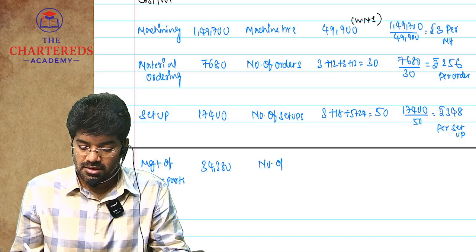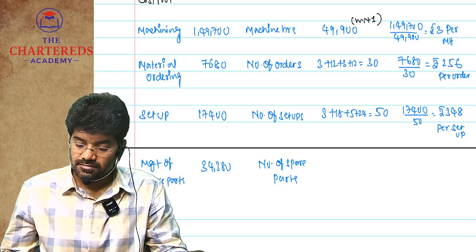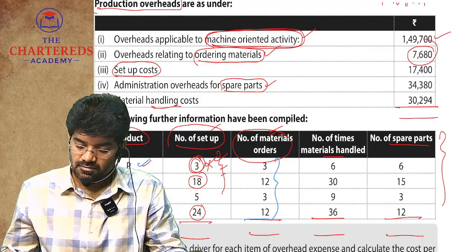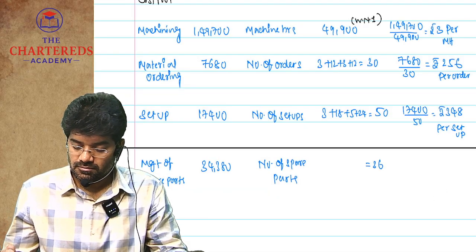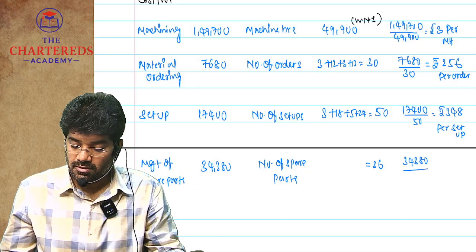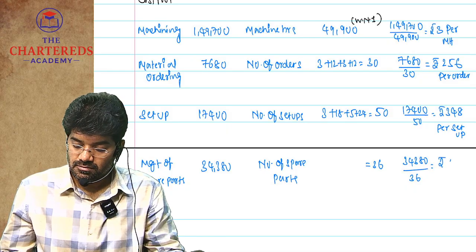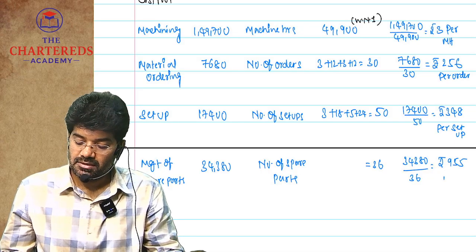Number of spare parts 36. 34,380 divided by 36. 955 per spare part.